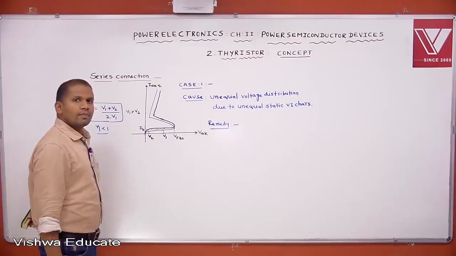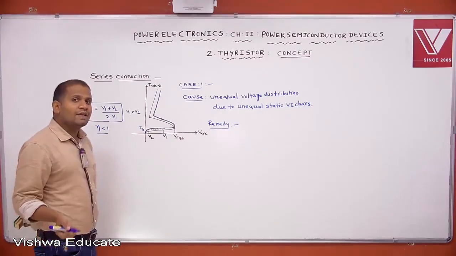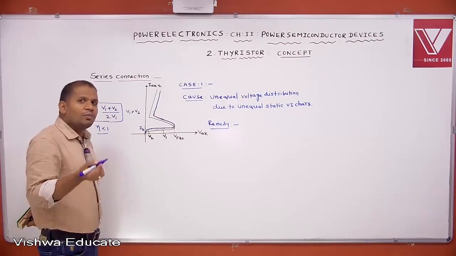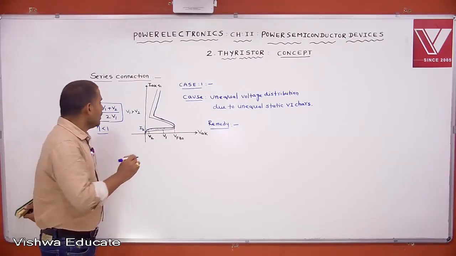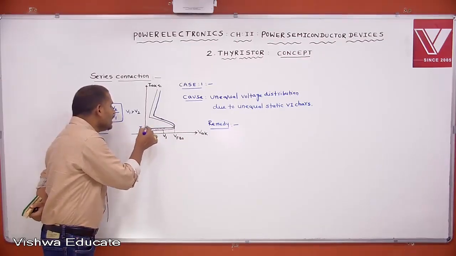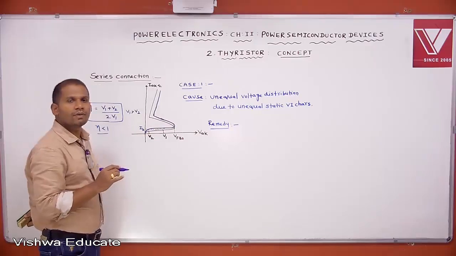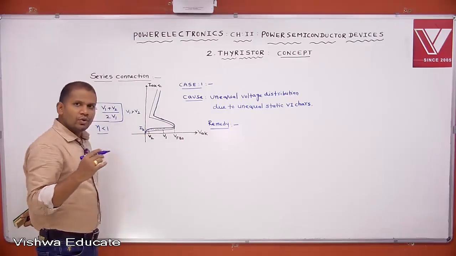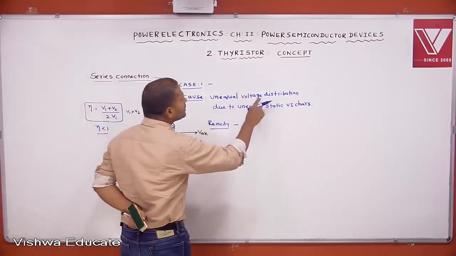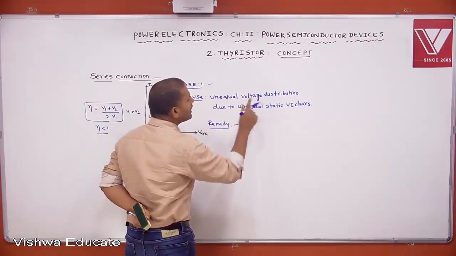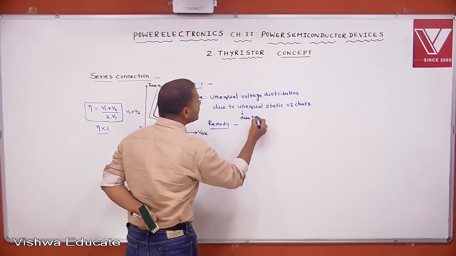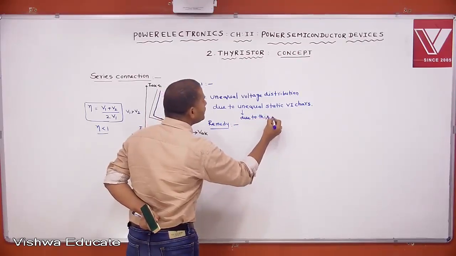We know that if the thyristor is under forward blocking mode, there is an unequal voltage distribution and a leakage current exists. Remedy means you want to improve the string efficiency. Due to unequal voltage distribution caused by unequal static VI characteristics, the string efficiency is reducing.